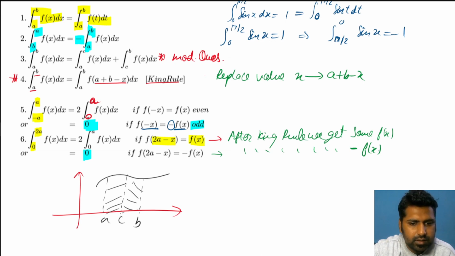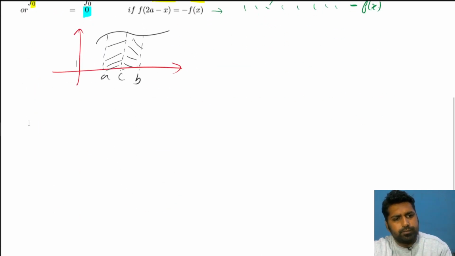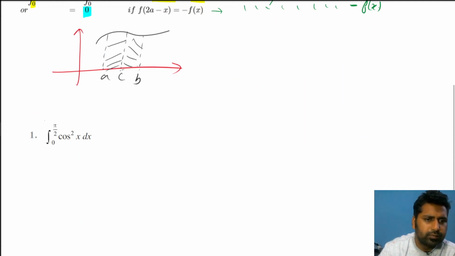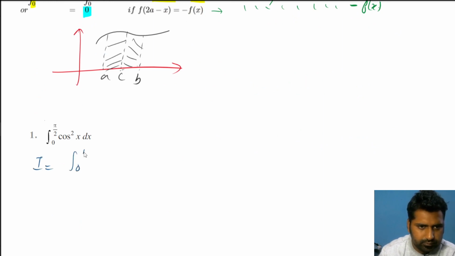All right, let's start with the first question. Integration 0 to pi by 2 cos square x. Let's call this our I. I is 0 to pi by 2 cos square x.